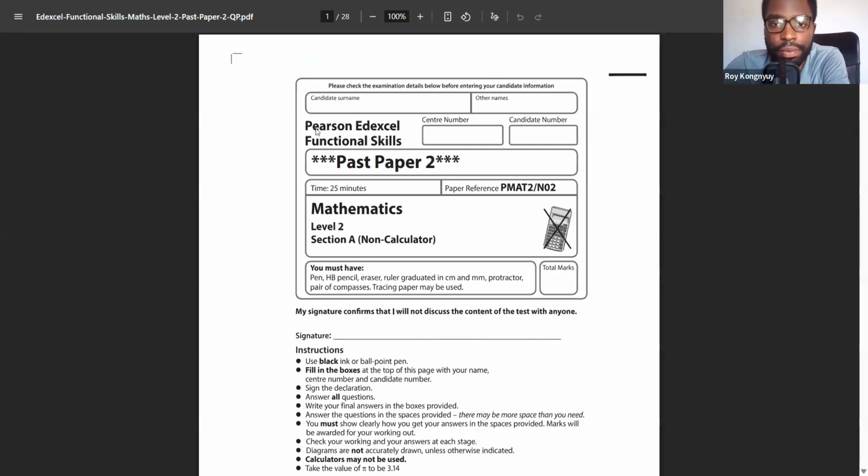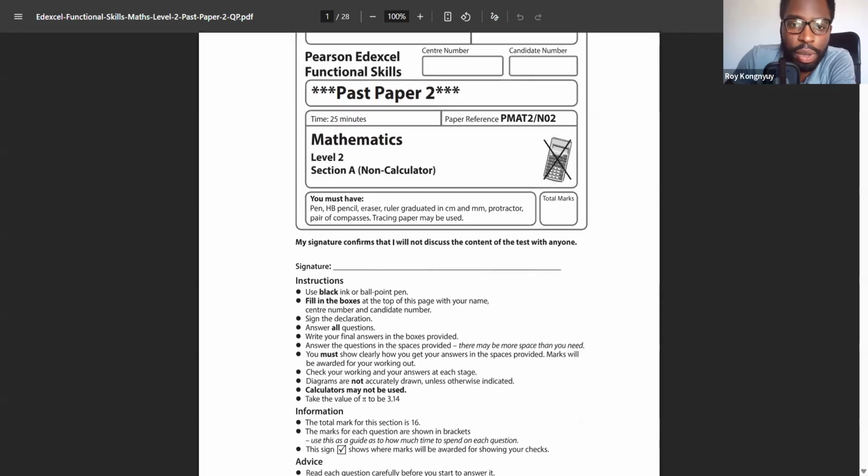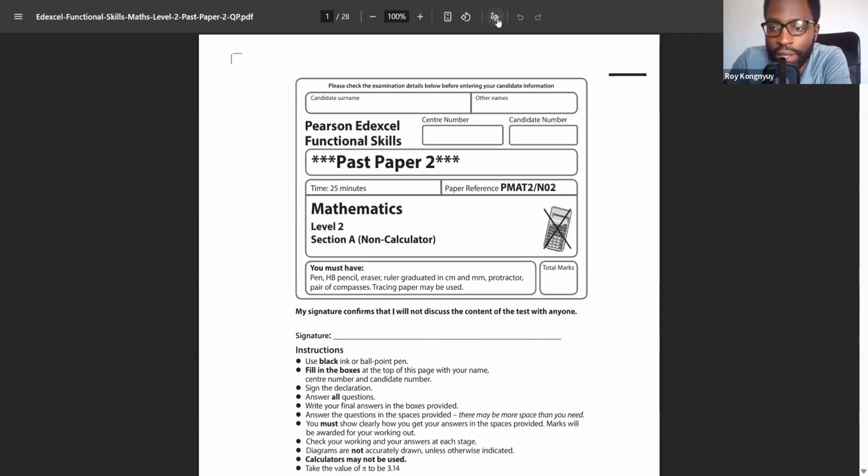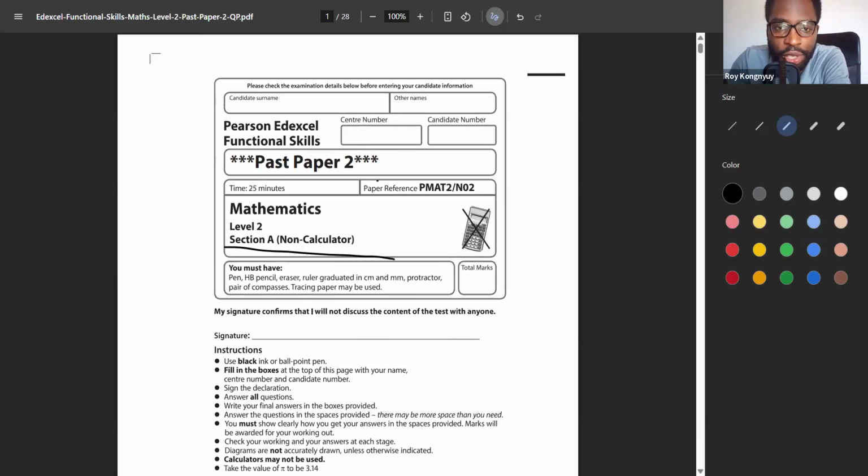What we'll do is start paper two, section A. In the next 20 minutes, we should be able to finish. It's meant to take 25 minutes, but let's see how we do. There's no need to rush. These are meant to be useful for you guys, so I will not try to rush. I'll just go at my normal pace.